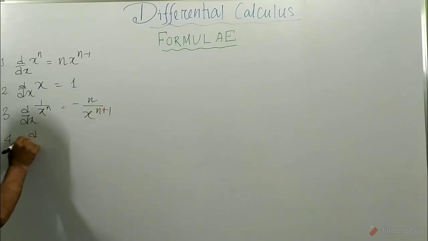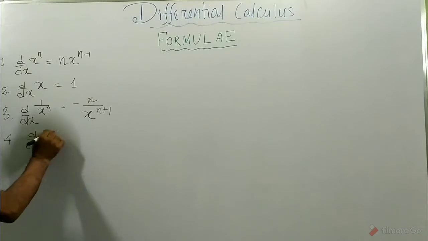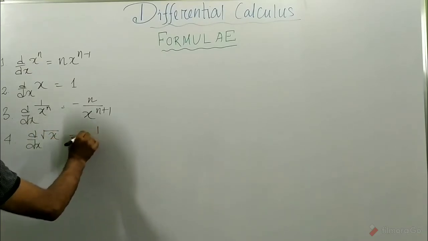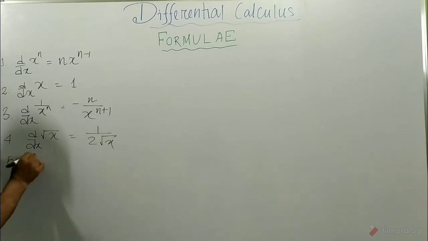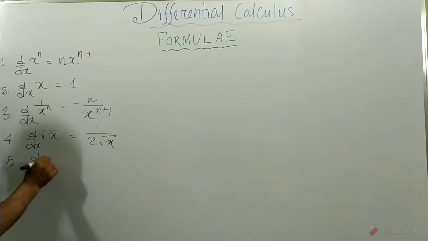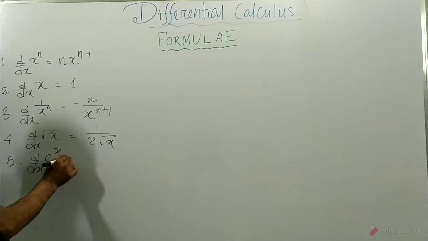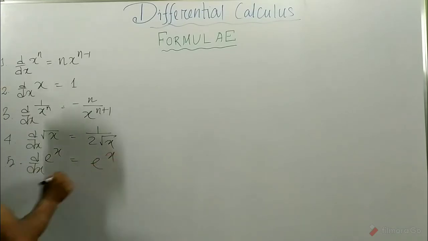Number 4, d/dx of root x equals 1 by 2 root x. Number 5, d/dx of e to the power x equals e to the power x.